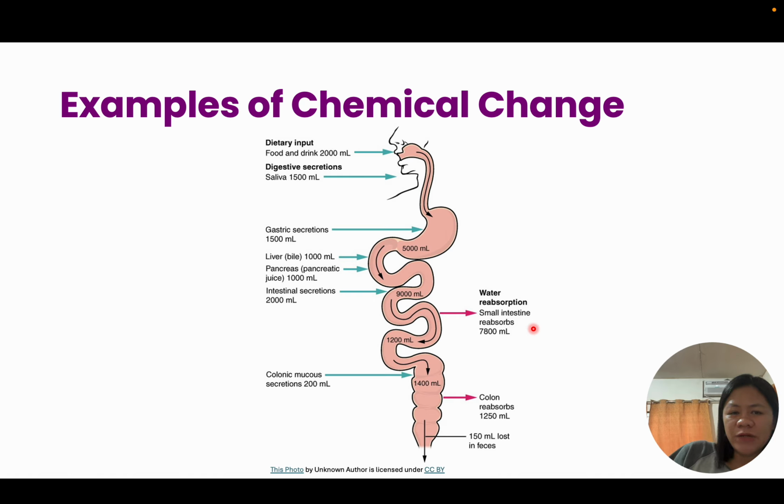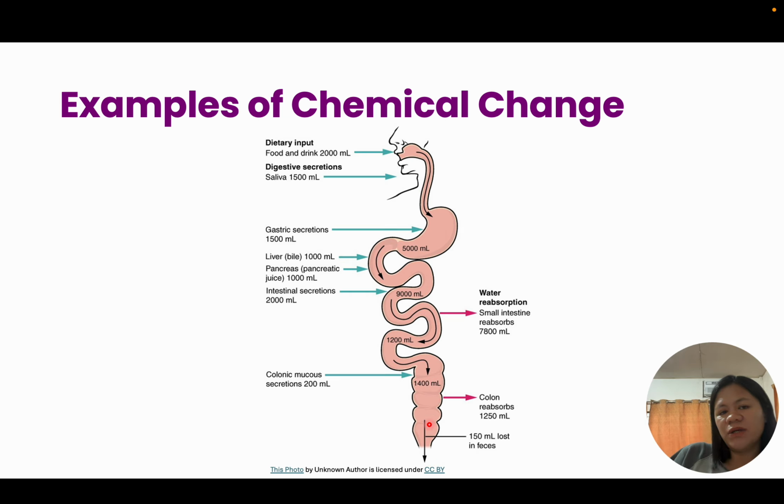The small intestine absorbs 7,800 ml of nutrients or water. And then in our large intestine, as you can see, there's 1,200 ml. And there's colonic mucus secretion in our colon. The colon will reabsorb 1,250 ml of water.